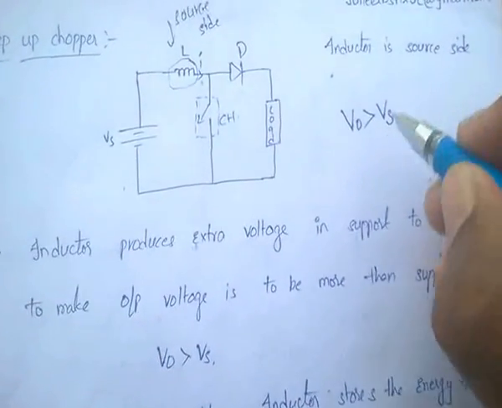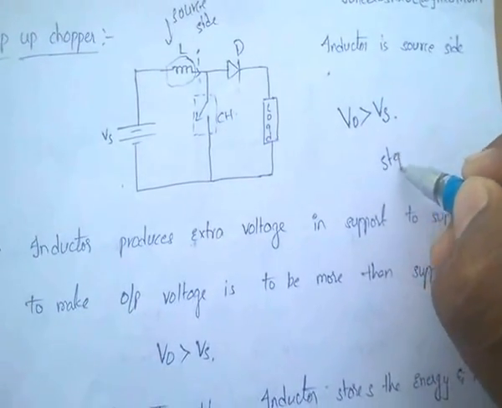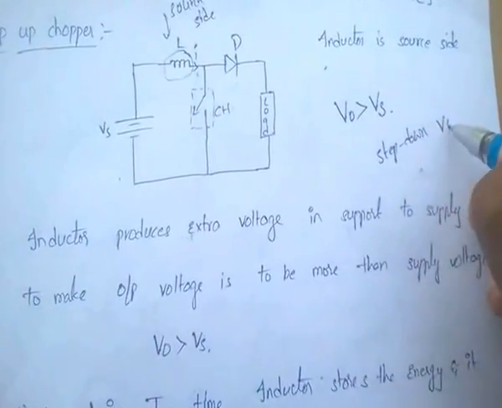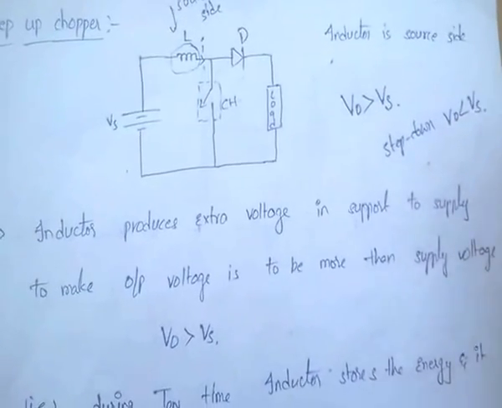In case of step down chopper, output voltage is always less than supply voltage.